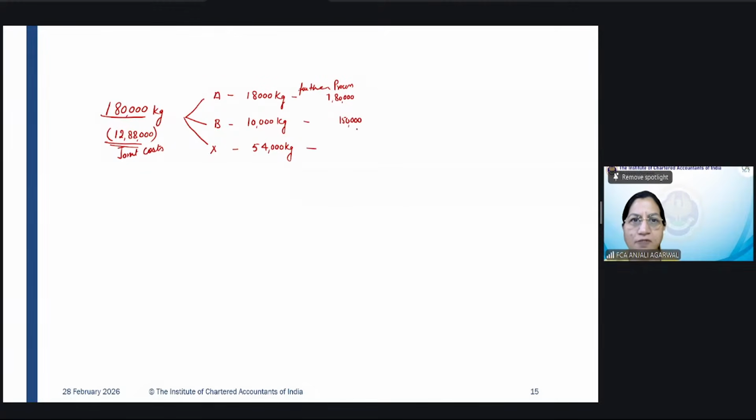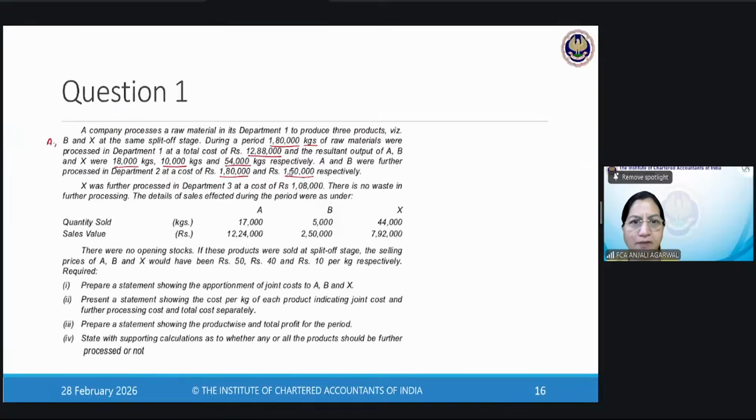These two are further processed in Department 2. This job was done in Department 1. So most of the relevant information so far that I have read from the question, I have pasted here in one single step. This was the most relevant information.